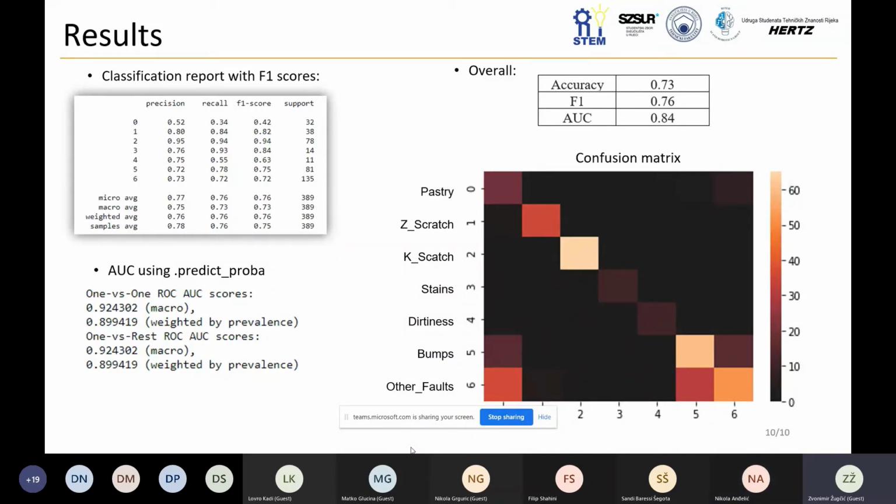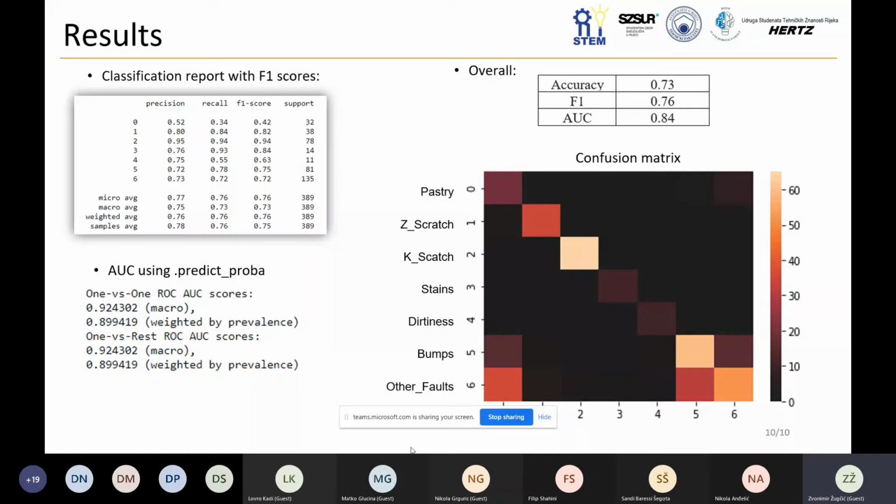Predict gives values of 0 or 1, and predict_proba gives float numbers in an array between 0 and 1. So, for example, 0.3, 0.7 would be a 30% probability of the result being 0 and 70% of the result being 1. So overall, accuracies were acceptable.